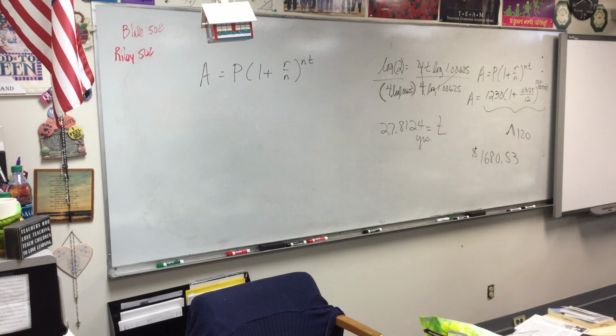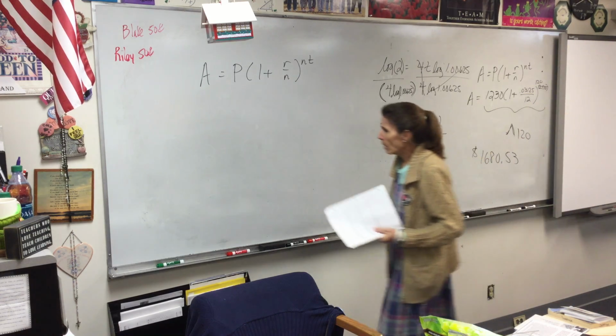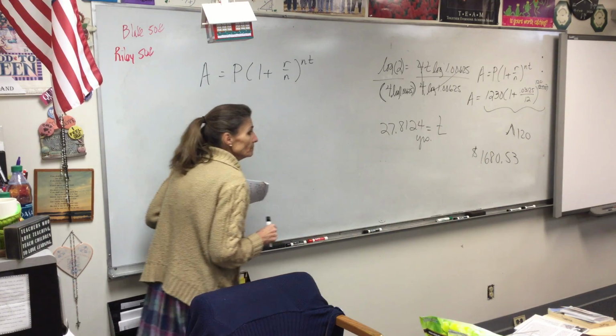Think about where you're going to put all those numbers. Moses, do you have it set up? I want you to set up the equation. As you were talking, I'm setting it up. What did you put in for A?